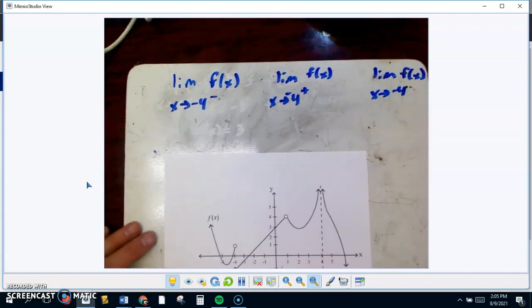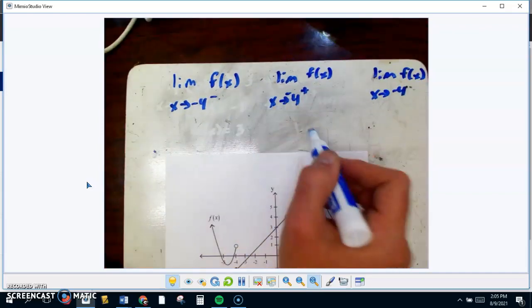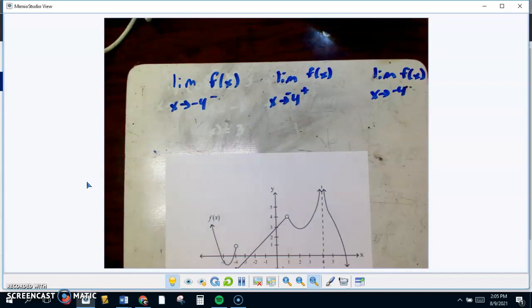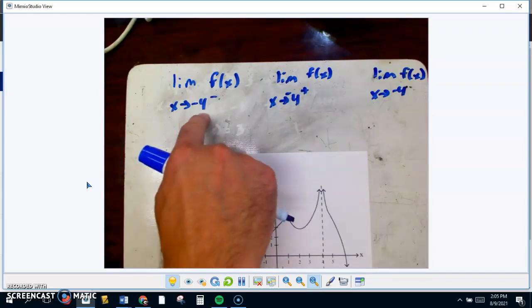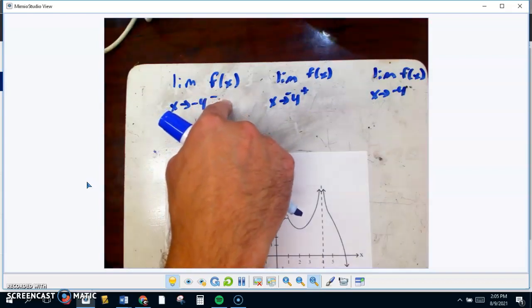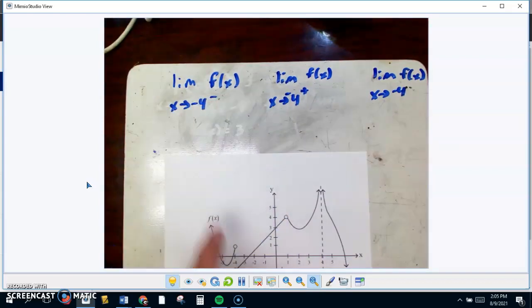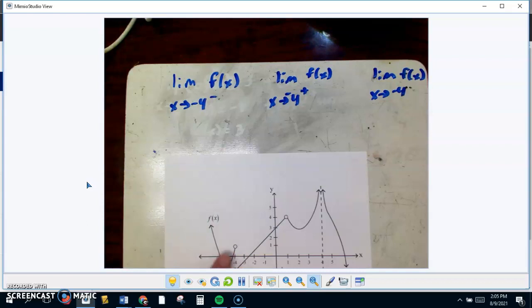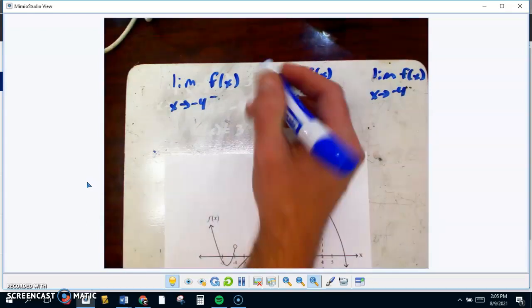Okay, so we're going to do negative 4 from the left, negative 4 from the right, and negative 4 in general. Well, from the left, remember, this number is an x-coordinate. From the left, a limit always reports the y-coordinate at this x-coordinate. It would appear from the left that you're approaching y-coordinate 1.